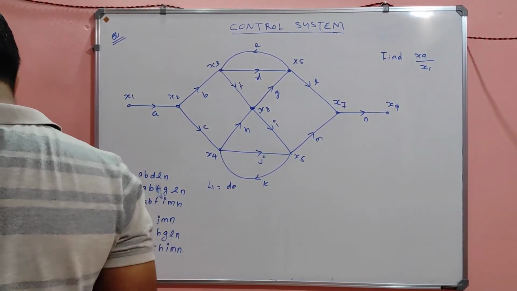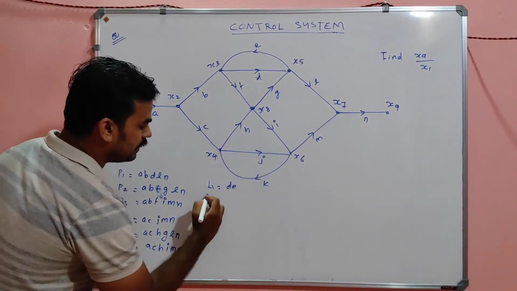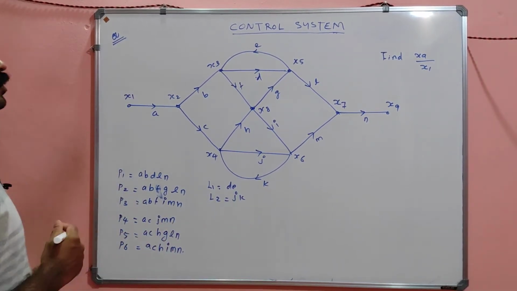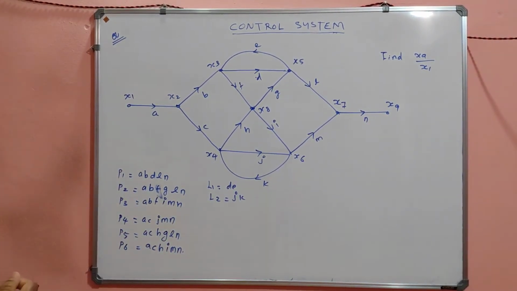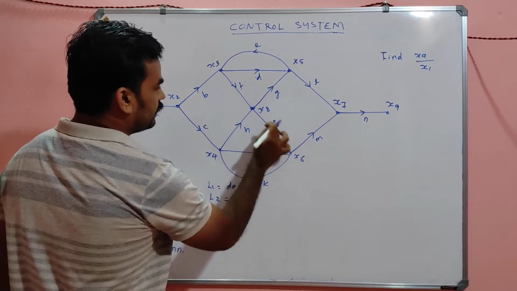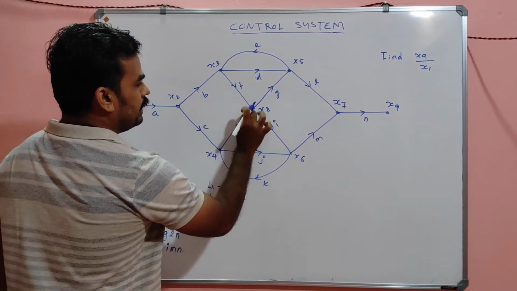So I can write DE, and in the bottom also, see JK is another loop. So L2 I can write JK. Is there any other loop, my dear? Yes. See, HIK, one loop. I start from here, HIK.